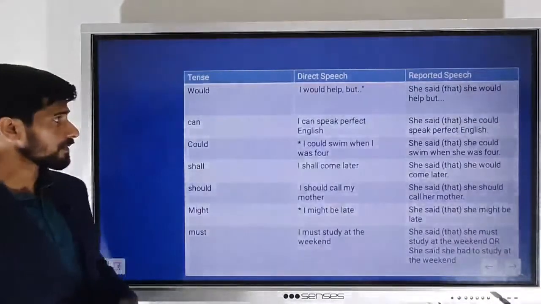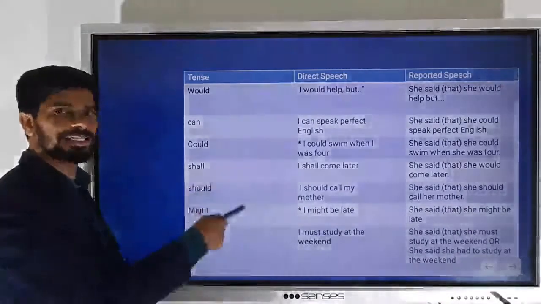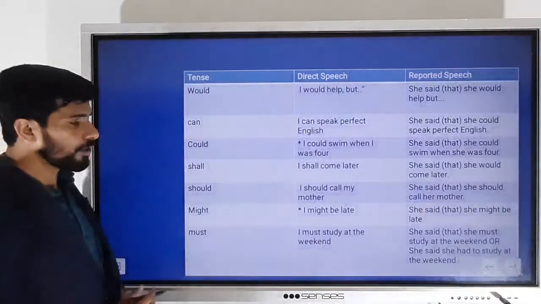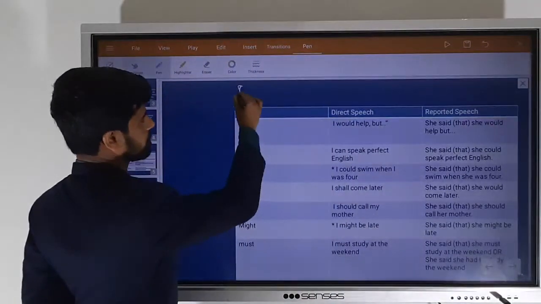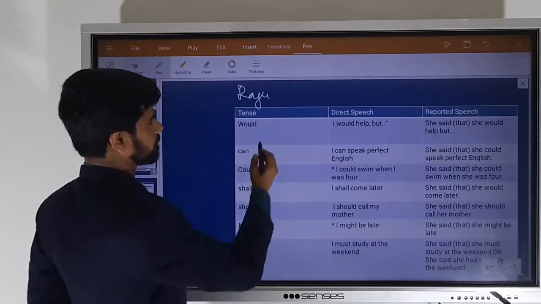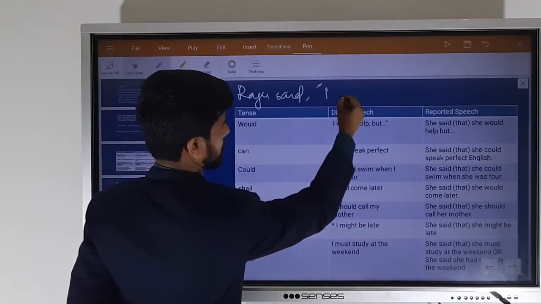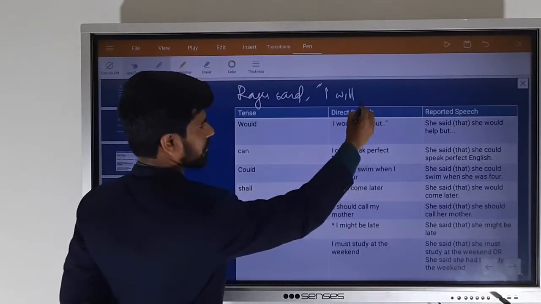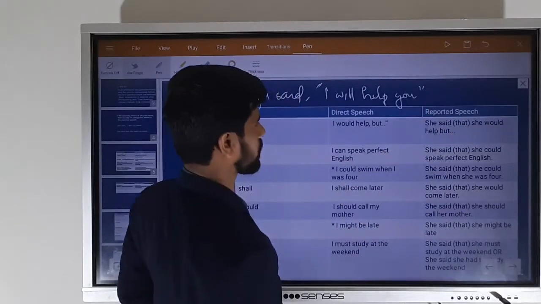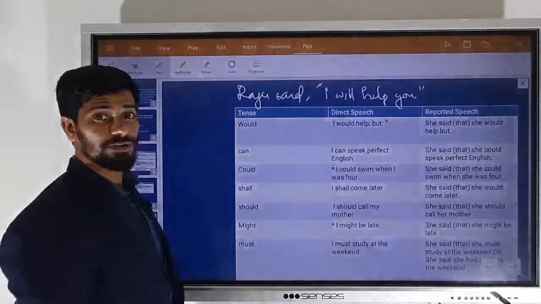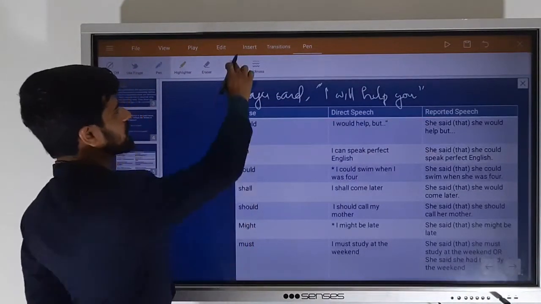Listen, what will happen if there are words like these in the sentences which are to be converted into reported speech? Look, if it is will, it would be converted to would. For example, Raju said, I will help you. When you convert this into reported speech, how will you convert this?